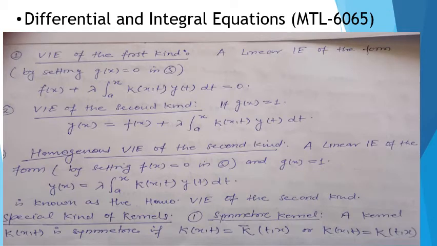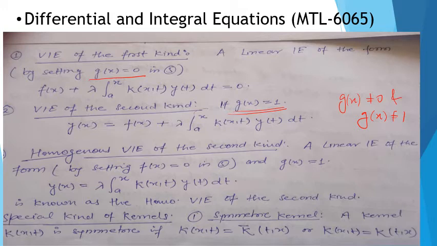If g(x) is equal to 0, the above equation is converted into a Volterra integral equation of the first kind. If g(x) is 1, it is of the second kind. If g(x) does not equal 0 and does not equal 1, then the integral equation is known as a Volterra integral equation of the third kind.